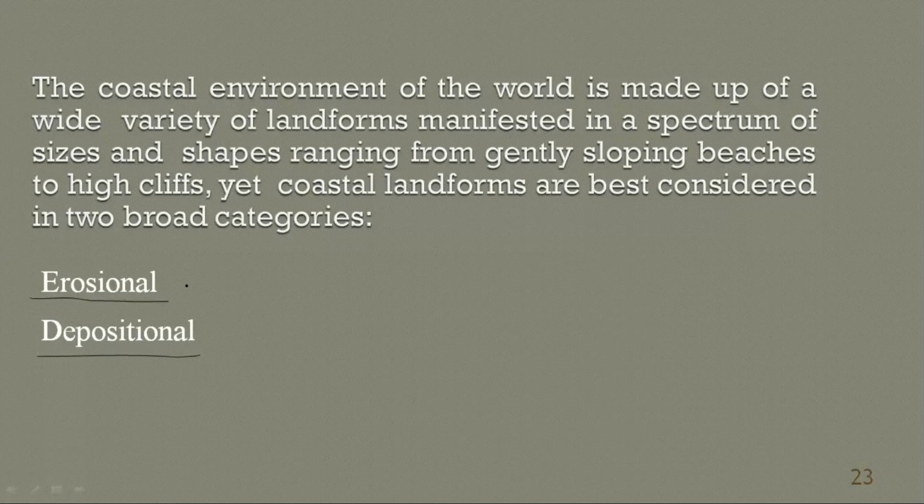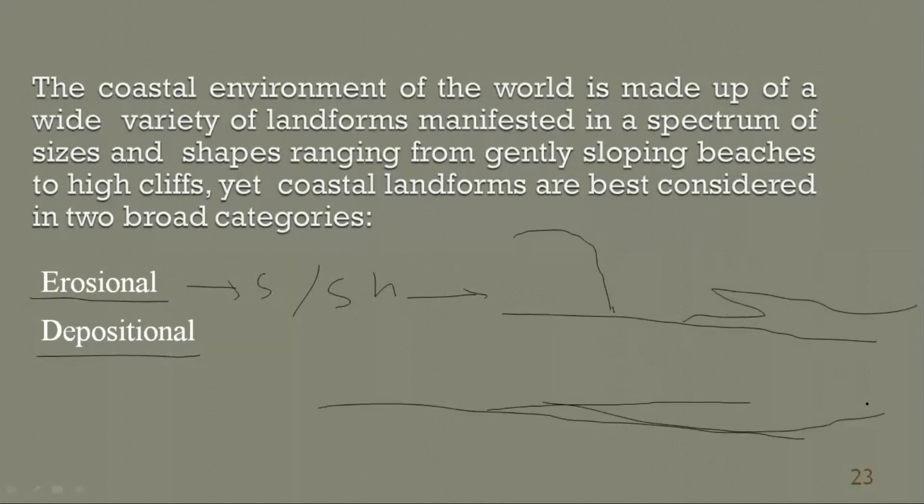There is a variety of sizes and shapes, and it can range from a coast with steep cliffs, like this is the coast, these are the waves, or it can be a very gentle beach. So it depends on what type of coastal area it is.